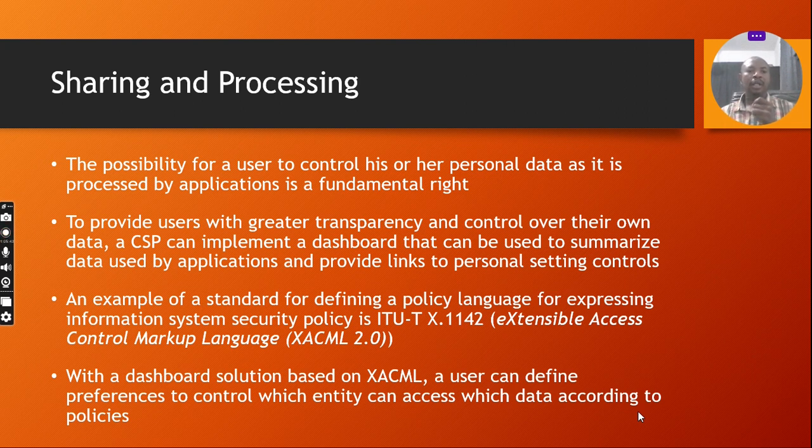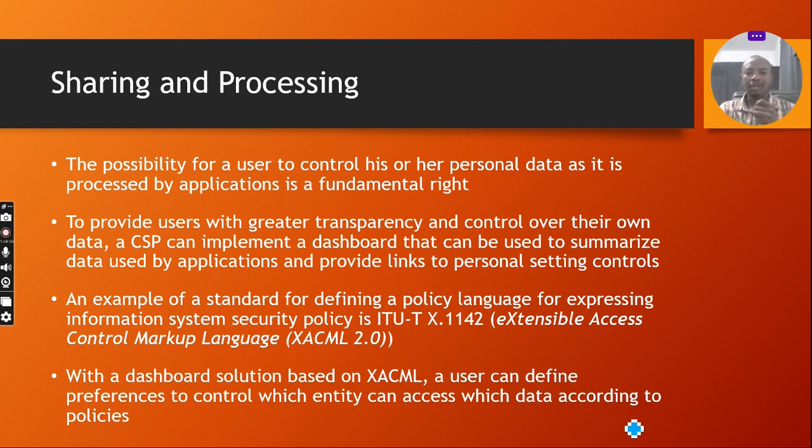So sharing and processing is done to provide users with greater transparency and control over their own data. The job of the cloud service provider is to implement a dashboard that can be used to summarize data used by the applications and provide links to personal setting controls.